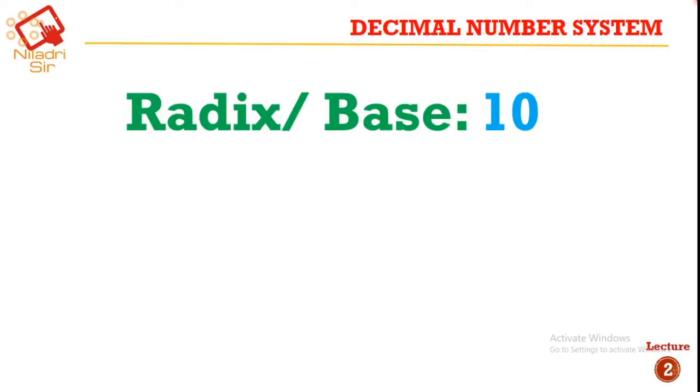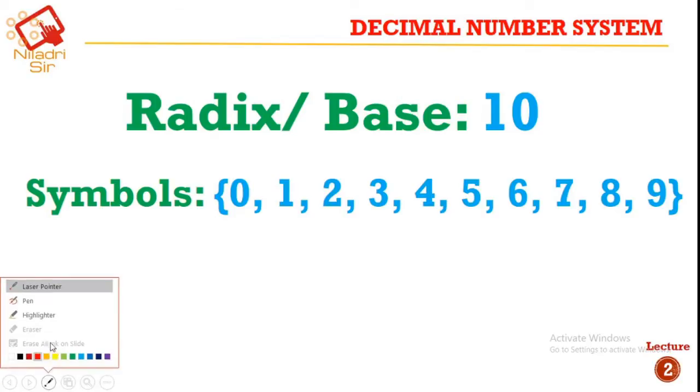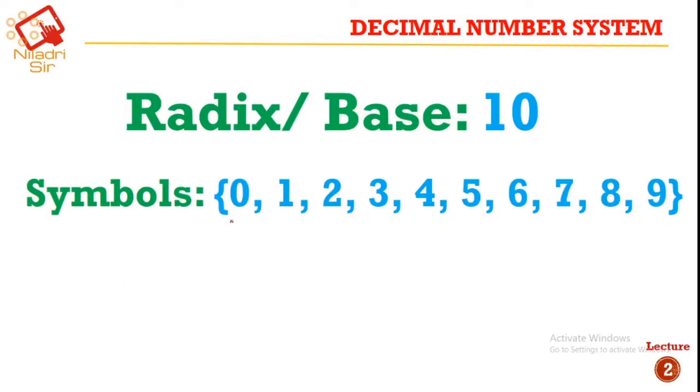This is also made from 0 to 9. Every decimal number will be made using these 10 distinct digits. So these are the symbols 0, 1, 2, 3, 4, 5. These are the 10 digits.